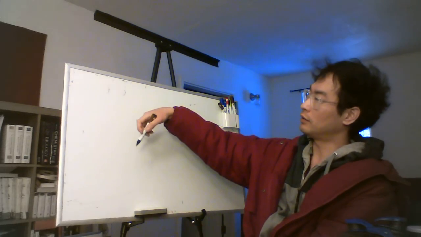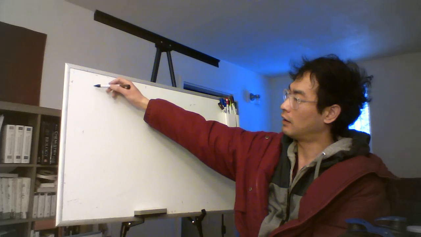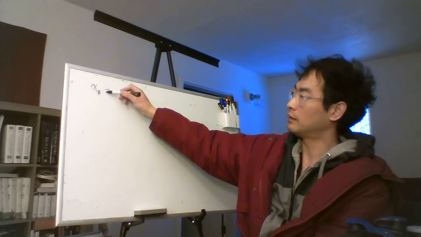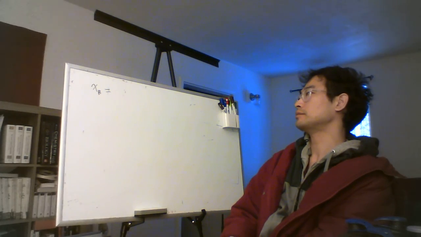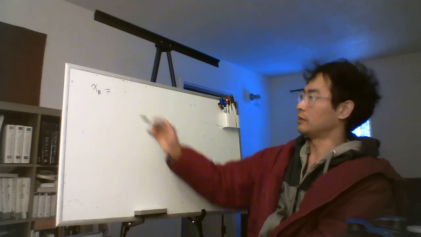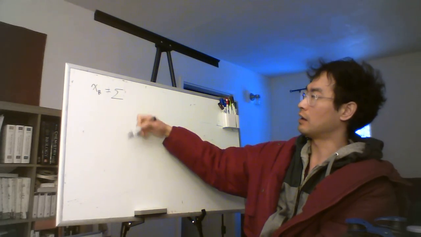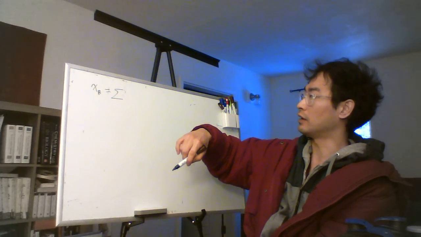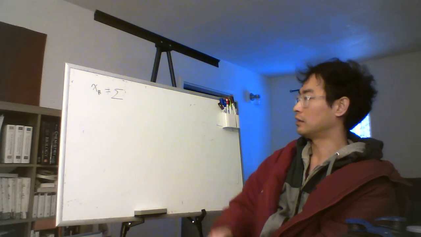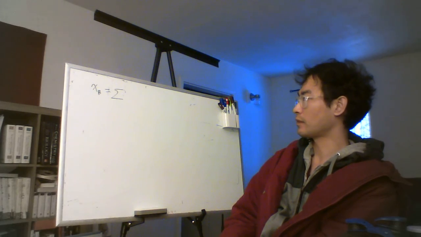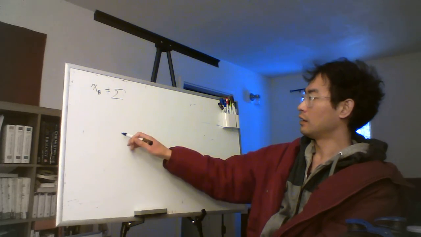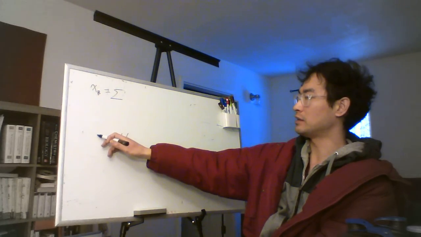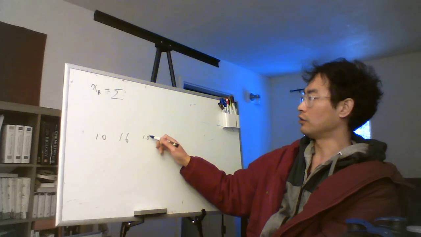Let's say you have some number in base B, and this number is expressed with sigma, the length of this number in base B. We found that, for example, the number 16 in base 10 is between 10 and 100, right?